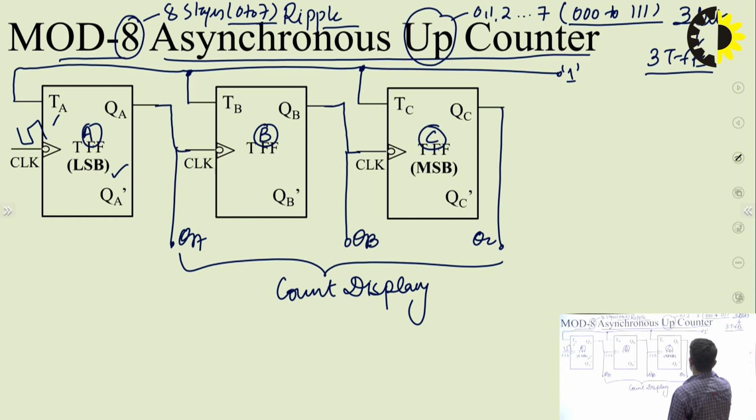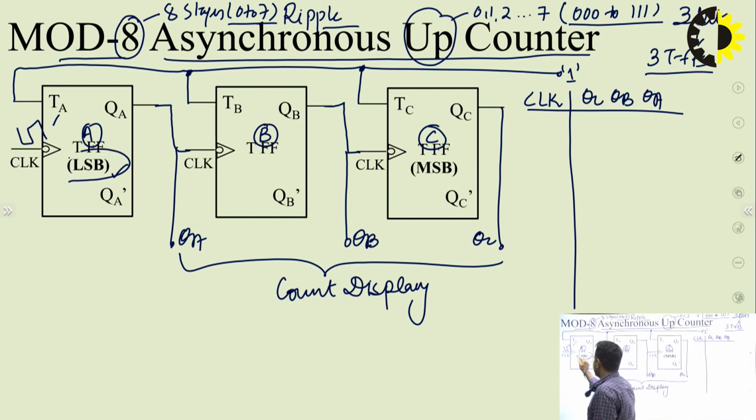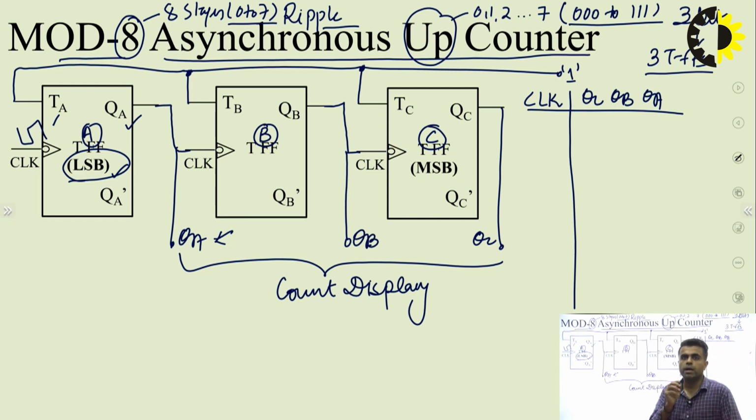So let's check the operation now. Initially, let's say QC, QB and QA. Now that is something you have to keep in mind. While designing the circuit, we have placed LSB first, so QA is the first output. But while writing the counting, we have to be very much aware that first we write the MSB.